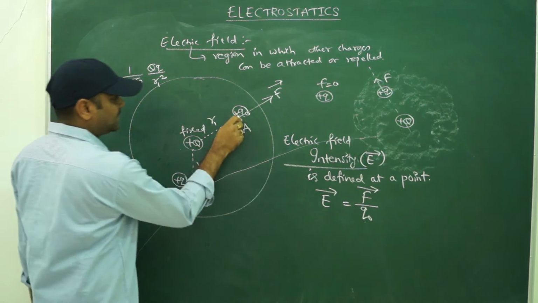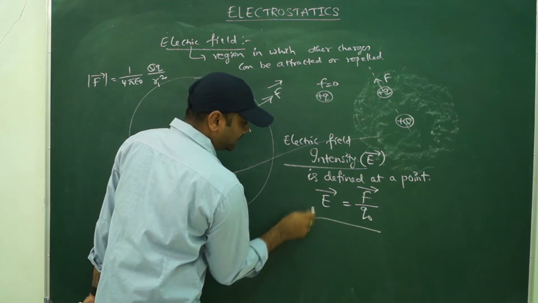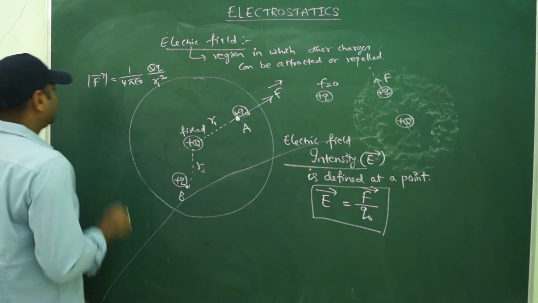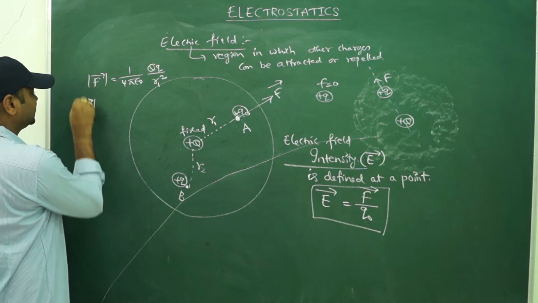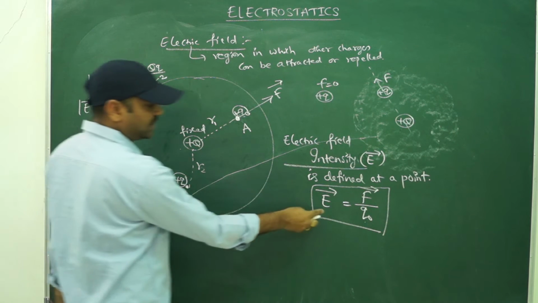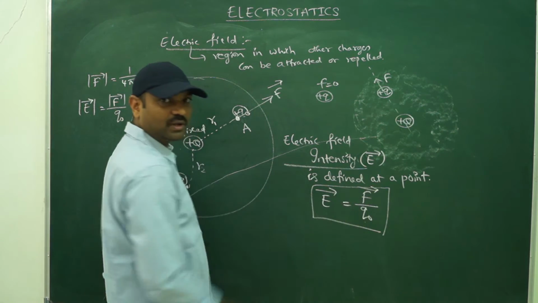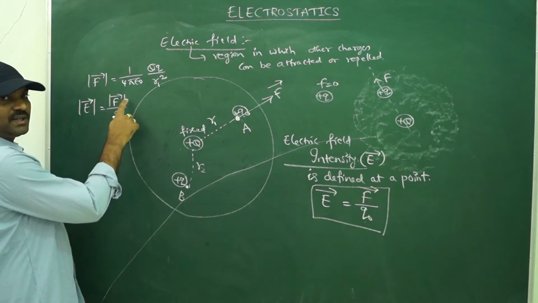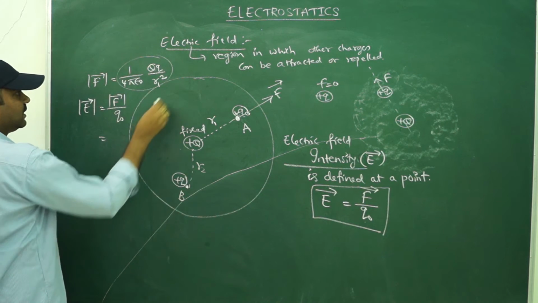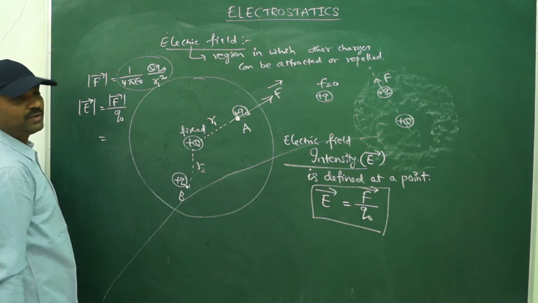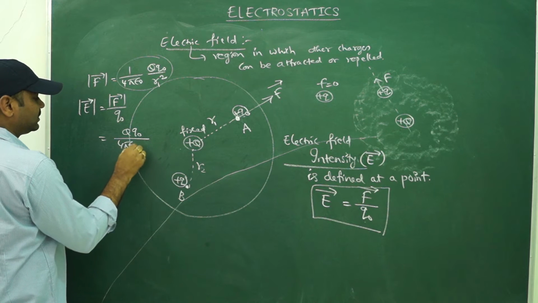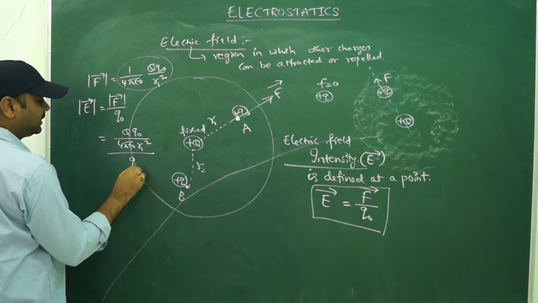So then what is the electric field intensity? Now I want to find the electric field intensity magnitude. Vector E bar is equal to F bar by Q0, whereas E bar magnitude is F bar magnitude by Q0. The F bar magnitude is Q Q0 by 4 pi epsilon naught R1 square, divided by Q0.